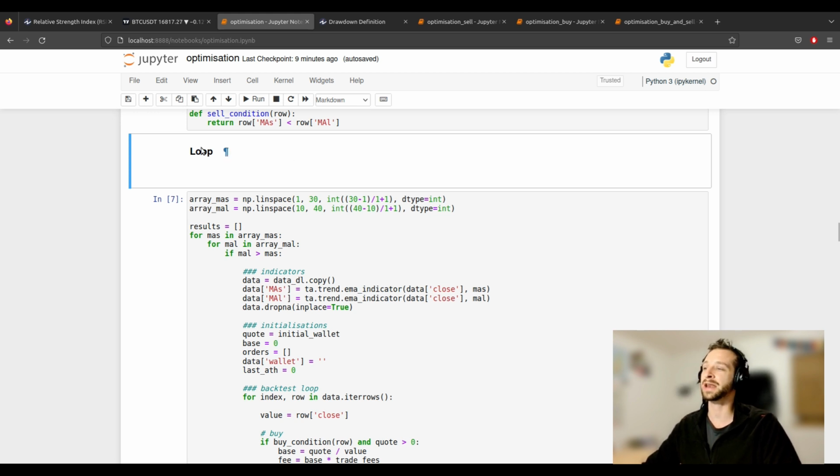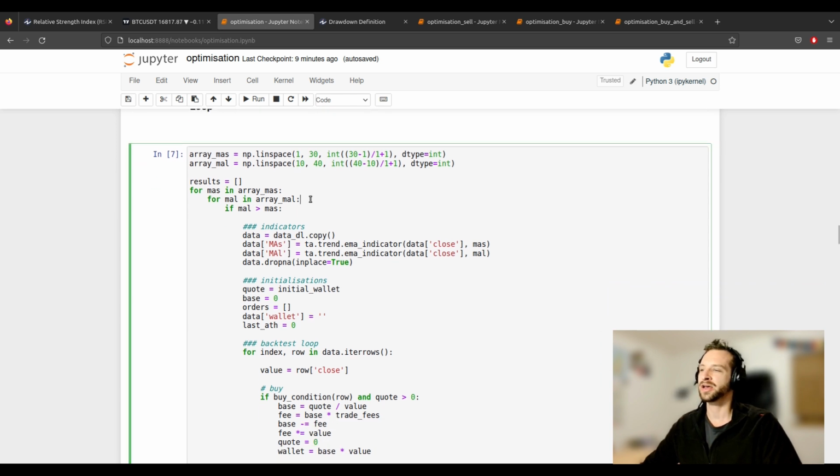You see that my loop is actually going to be 3 loops. The first 2 loops are going to be the loops where I test different values of the averaging period of my exponential moving averages. As my 2 loops scan these arrays, the averaging periods of the short-term moving average and the long-term moving average are going to change.